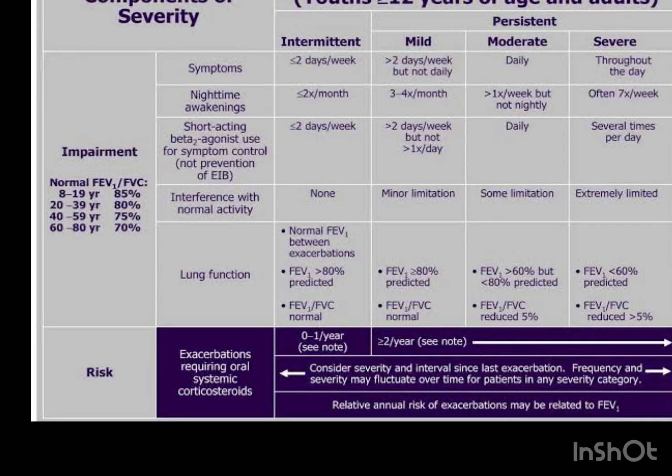Also there will be often nighttime awakenings, about 7 days per week, and interference in the normal activity will be extreme, and lung function test will be severely affected. This is the difference between moderate asthma and severe asthma. In moderate asthma, FEV1 is less than 80% but more than 60%, while in case of severe asthma, FEV1 is less than 60%.